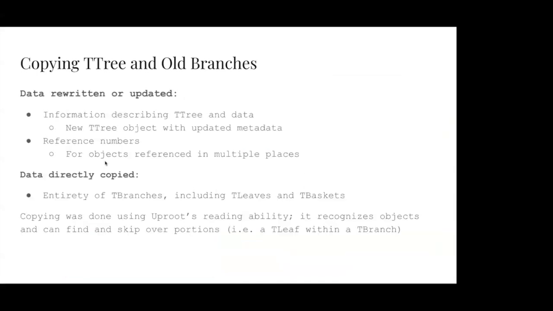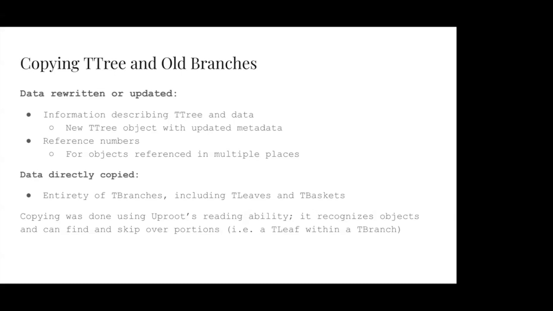So again, this is what's rewritten, but the data directly copied is the entirety of t-tree branches, including t-leaves and t-baskets. This is done using Uproot's reading ability, as you can use a cursor to identify objects, and you can jump through.